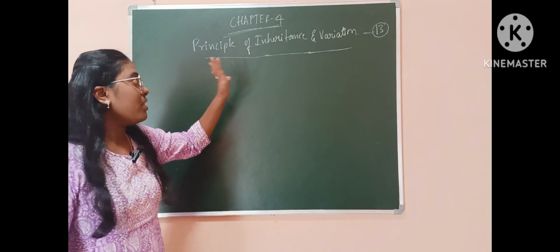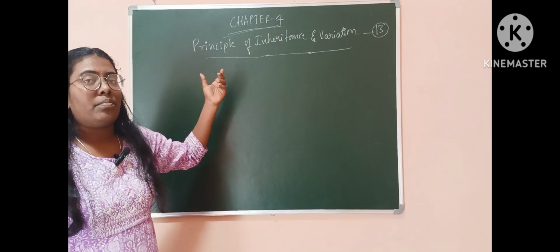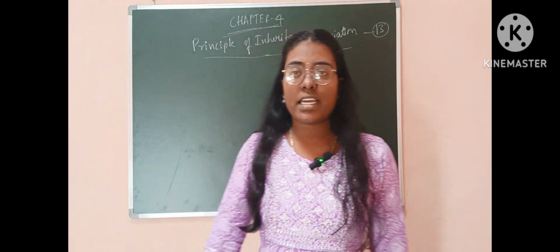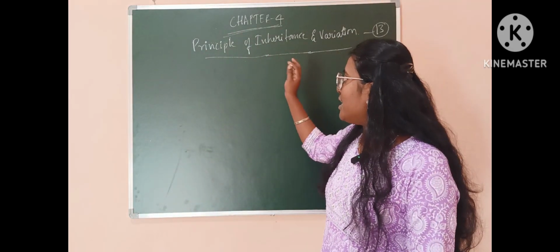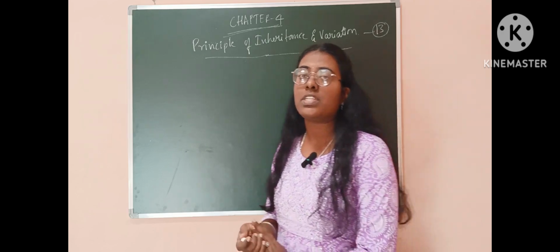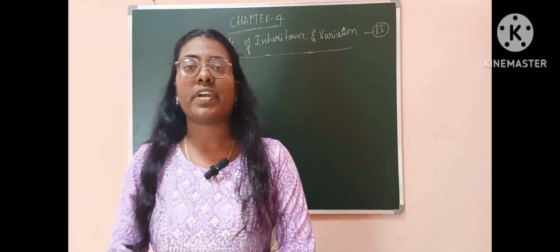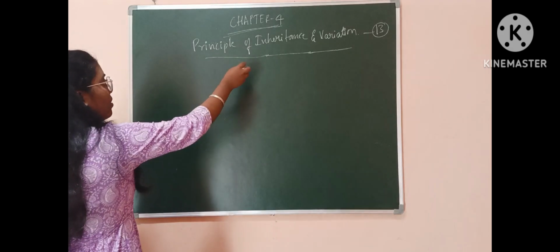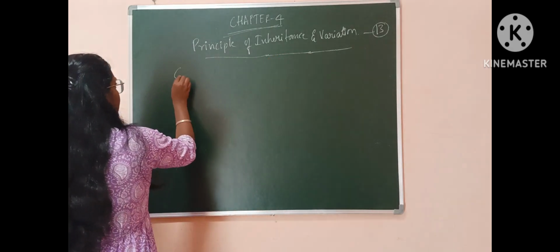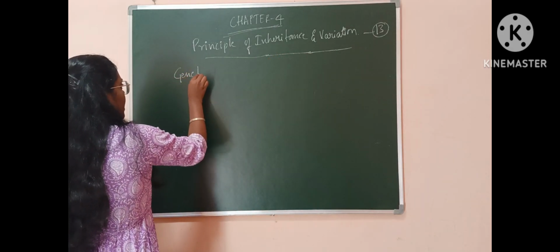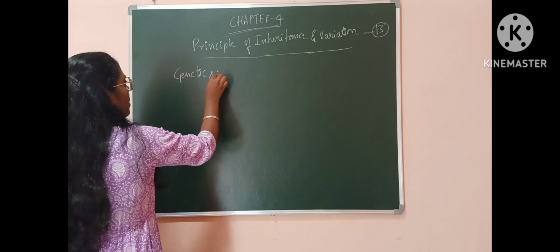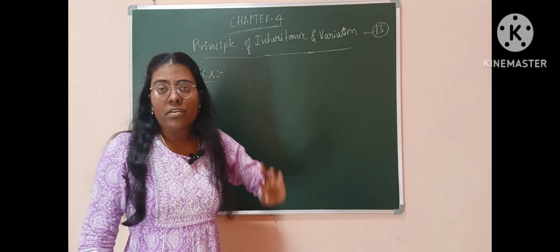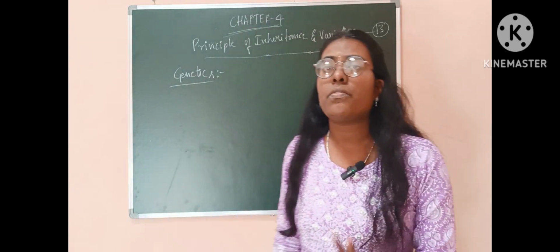The father of genetics is Gregor Mendel. He is the first person who studied the principle of inheritance and variation. These two, inheritance and variation studies, are considered genetics. Genetics means the process of studying inheritance and also variation.